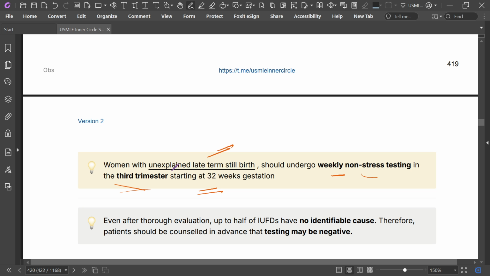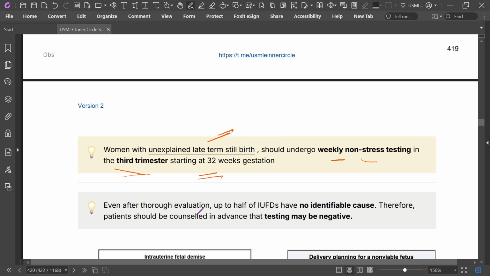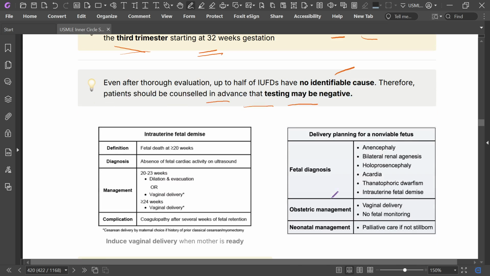Even after thorough evaluation, up to half of intrauterine fetal deaths have no identifiable cause, so patients should be counseled in advance that testing may be negative.